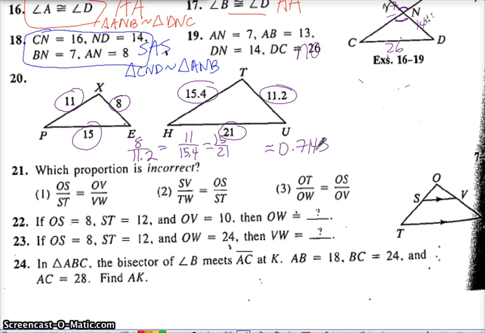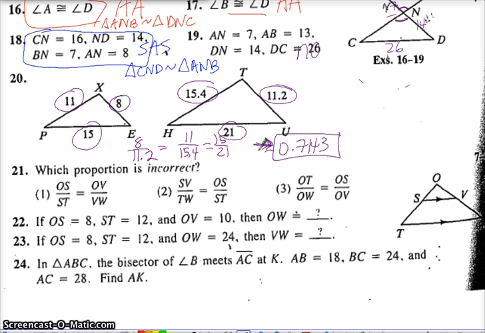And then you have to take 11 and divide it by 15.4. I get 0.7143. Then I have to take 15 and divide it by 21. I get 0.7143.